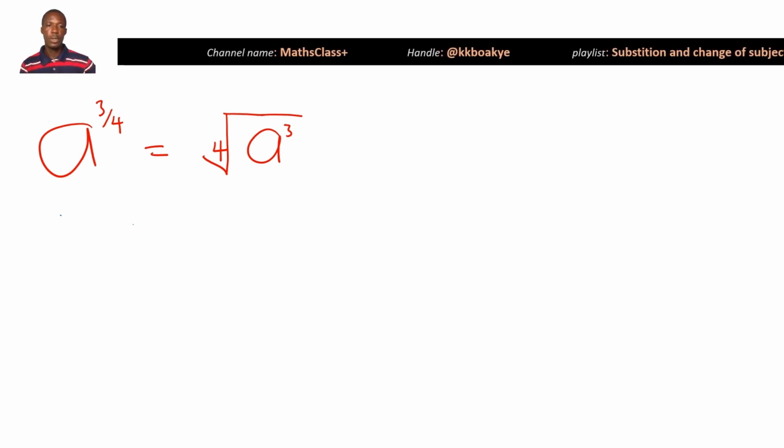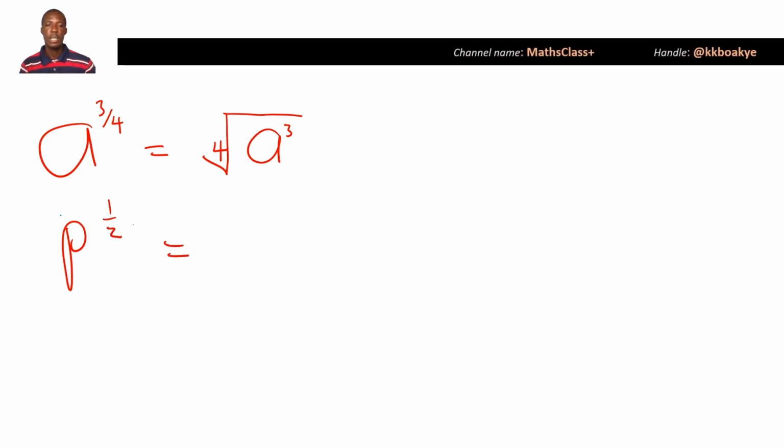So in a similar vein, if you have p to the power 1 over 2, this means square root of p.